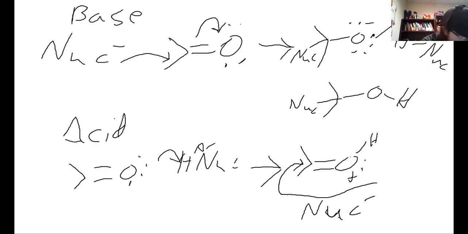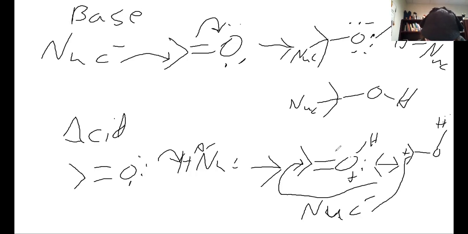Because this guy has the resonance structure, we can put the positive charge on the oxygen or the positive charge on the carbon. And this guy is really going to attack that carbon, form that same byproduct over here. Same byproduct.